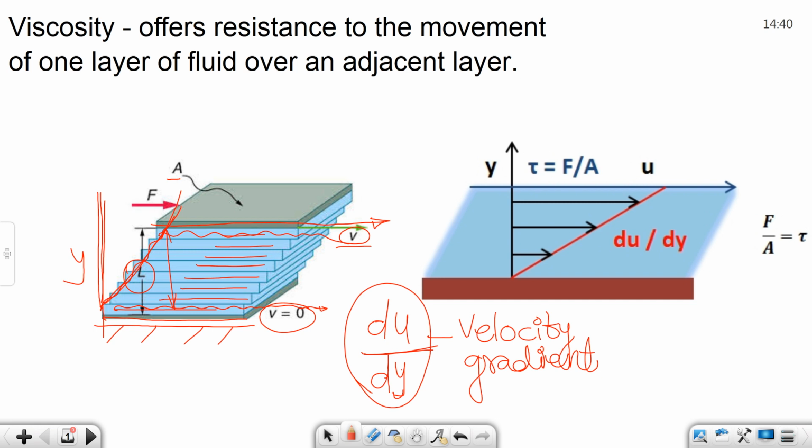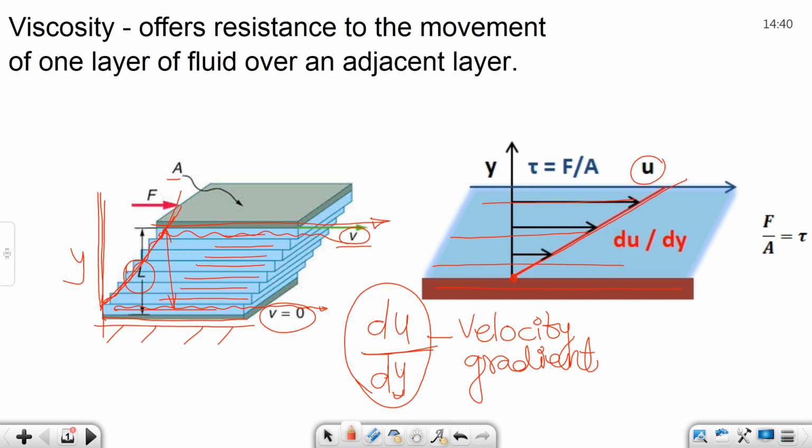Now the same is represented here on this side. This is another plate which is fixed, over this oil or any fluid that is flowing. So at this point velocity is 0. The variation is represented like this.